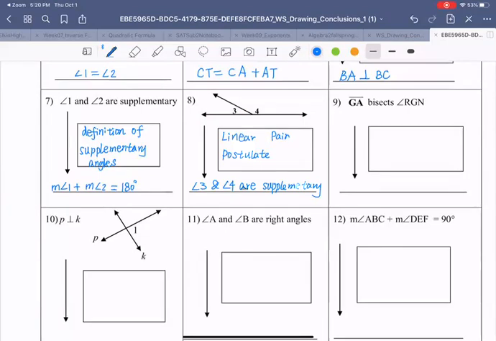Okay. Now number 9. If you're confused, go ahead and draw an angle, okay?